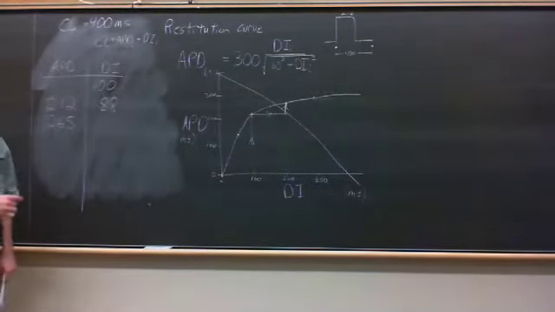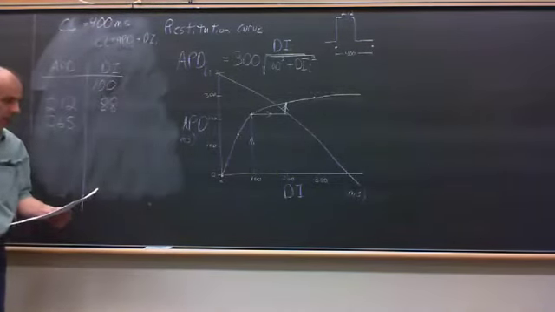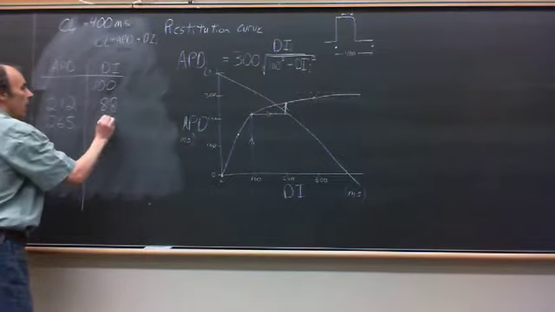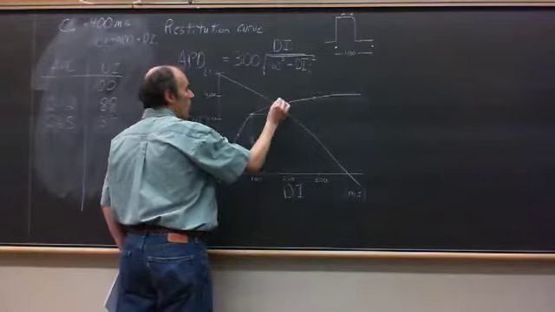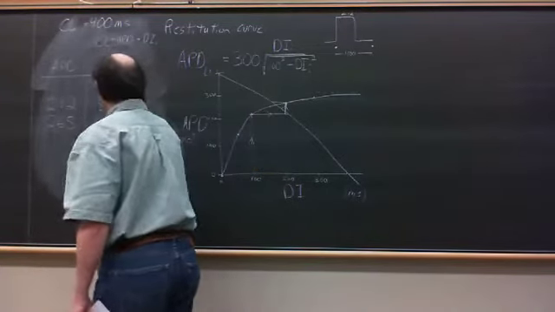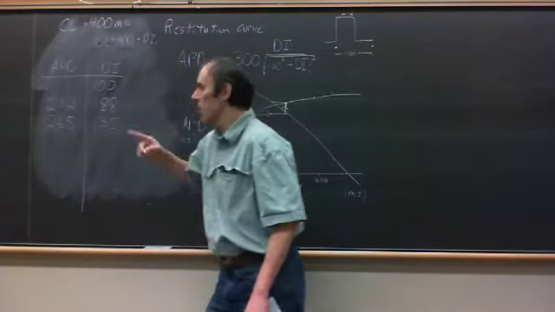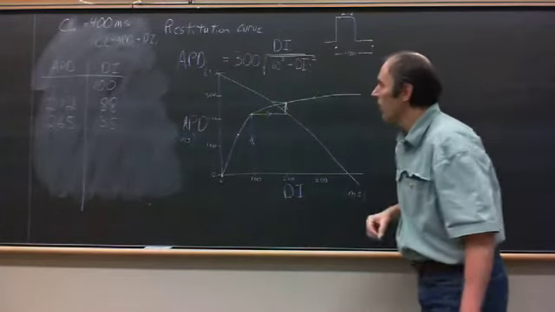And then you take 400 minus 265, and you get 135, which is sort of like going back over to this curve. That's equivalent, or in other words, 400 minus 265 is 135.